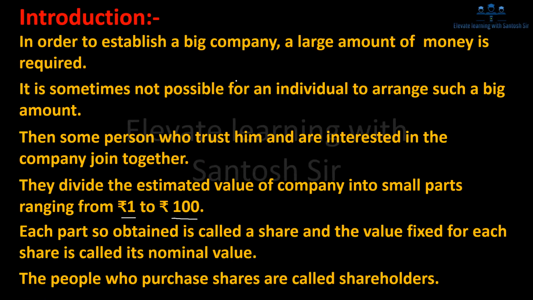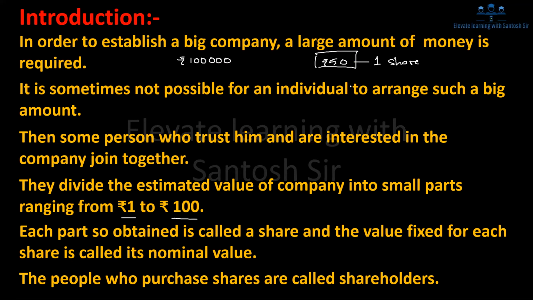For example, you want to establish a company and the cost of establishment is rupees 1 lakh, and there are a few people who are interested in your company. So you can divide this 1 lakh into shares of 50 rupees each. So your one share is of 50 rupees.